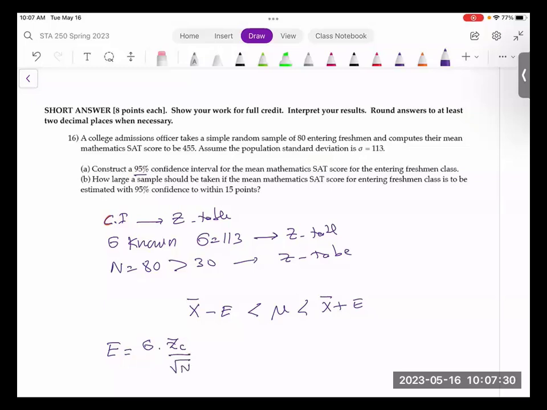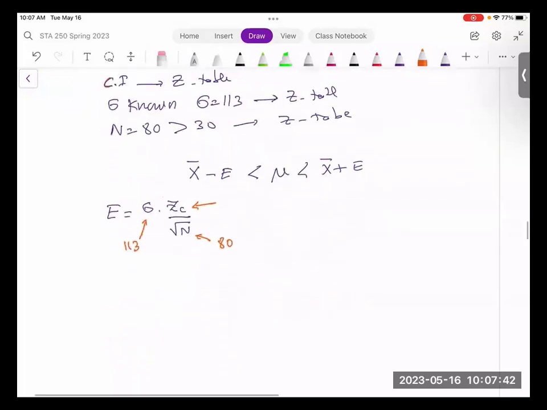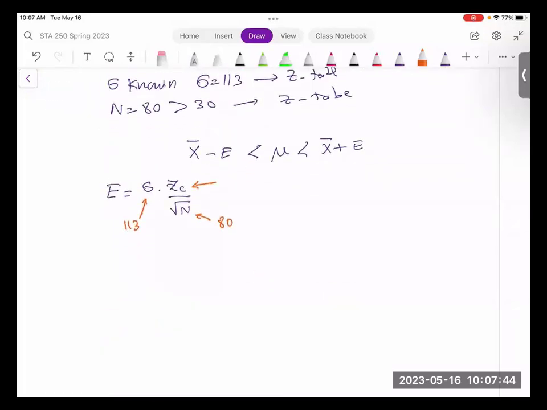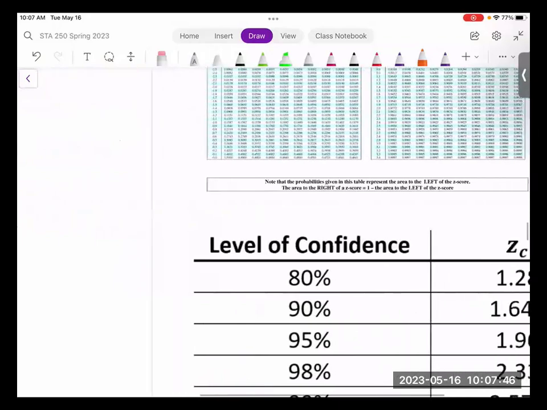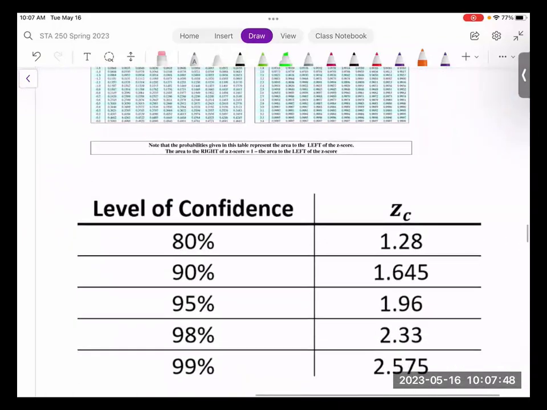Are we okay? So now the sigma, we know what it is. We know sigma is 113. We know the n is 80. And ZC here, you're going to go to the confidence interval and the table, and you're going to look for, supposedly everybody has this on your formula sheet, the 95%, and that's going to be 1.96.